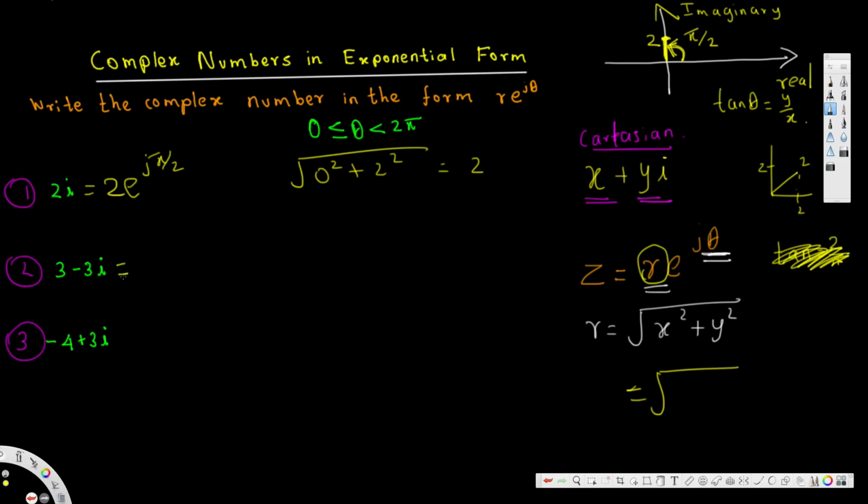Now let's look at this one. For this one, again, r can be found using the Pythagorean theorem. Now let's put this one in a graph. This is imaginary, and this is real. Here you can see this is our real number, plus 3, and the imaginary number is minus 3.